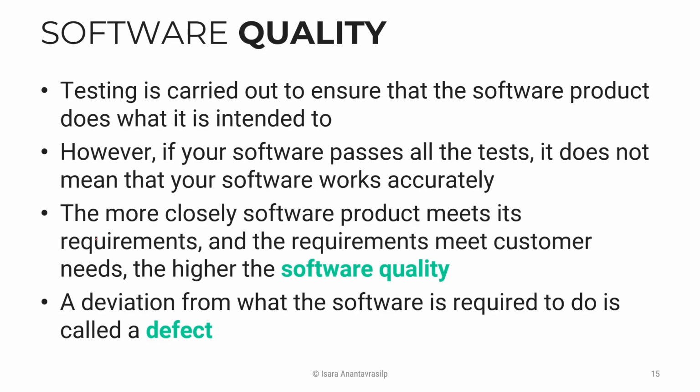Well, it doesn't meet what the user told you to do, or what the user planned to have. But yet another defect is that the user told you to do this, agreed with you to do this, and you deliver it. Yet it doesn't really solve the problem, or the solution is very, very difficult to conduct or to perform. In that case, I would say that is a defect too.